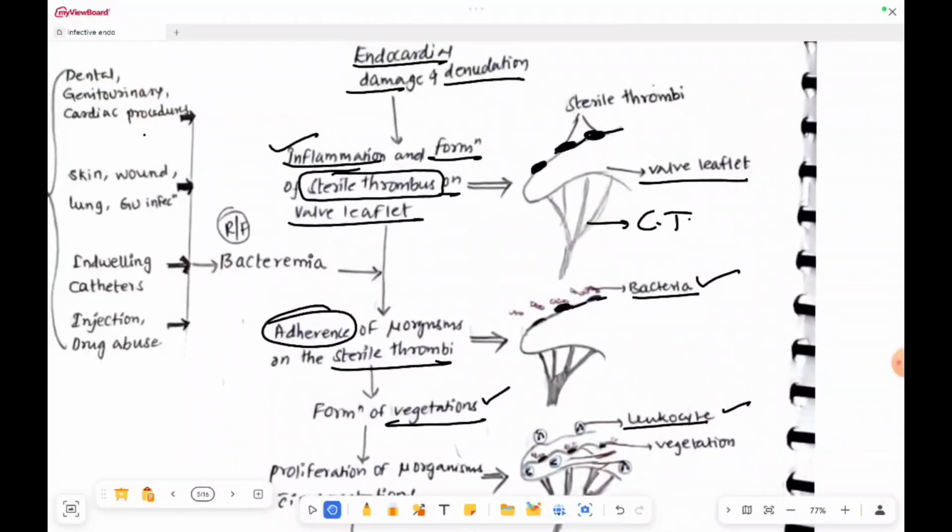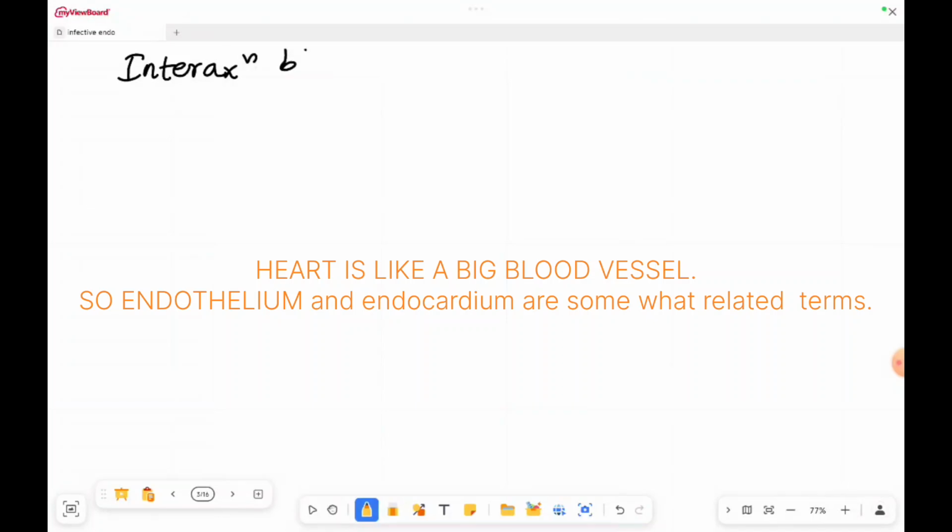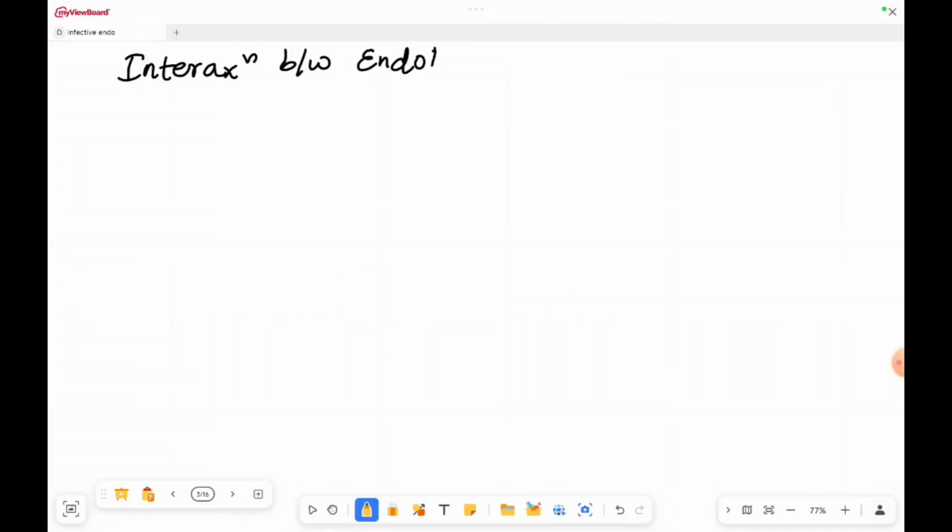If you think about why there is formation of sterile thrombi, you will get to know that it is due to the interaction between endothelial damage and hypercoagulability.